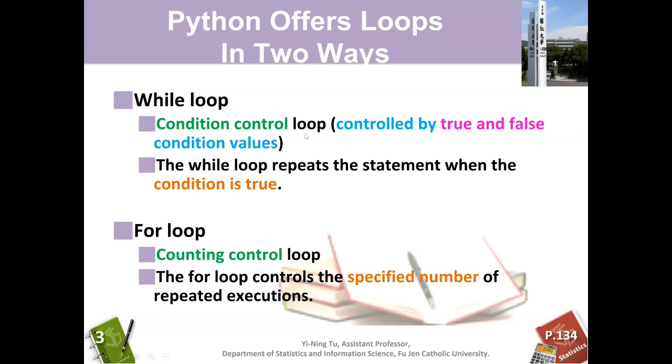Of course, we can use the while to do the things just like for. But when you don't know how many times you will have to do something, you can't use the for to simulate the while. So the while is more powerful, right? Because you can control how many times you do it, but you also can control it if you don't know how many times you will do it.